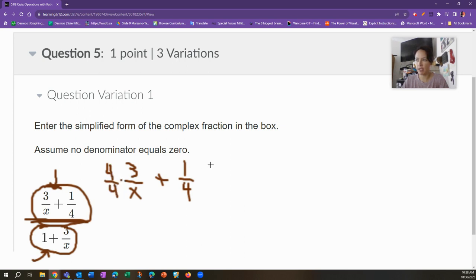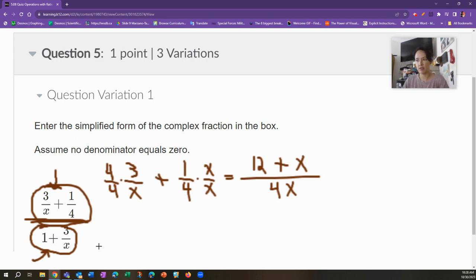When you multiply by 1, and multiply this by x over x, because when you multiply by 1, it keeps it the same. So this is all going to stay the same. It's just going to look different. We'll now have 12 plus x all over 4 times x. These can't cancel or simplify because the numerator, the top, is terms, 12 plus x. The bottom is 4 times x, right?